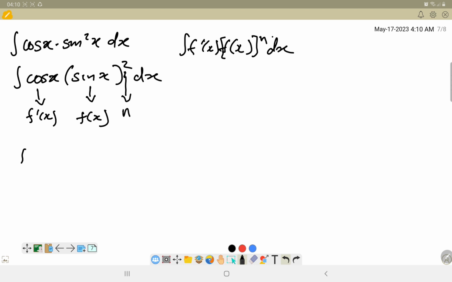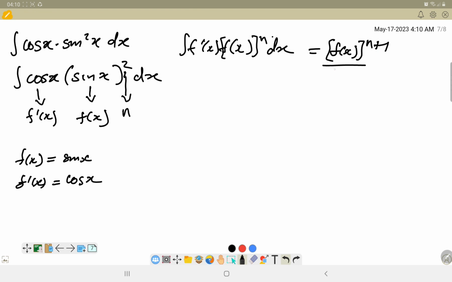So if f of x is equal to sine x, then f prime is equal to cos x, and we can see that this formula can be easily applied, because our n is 2 in this case.